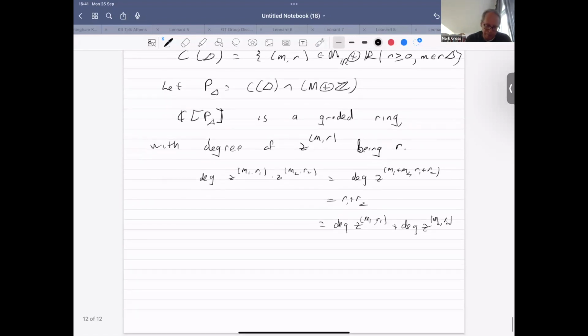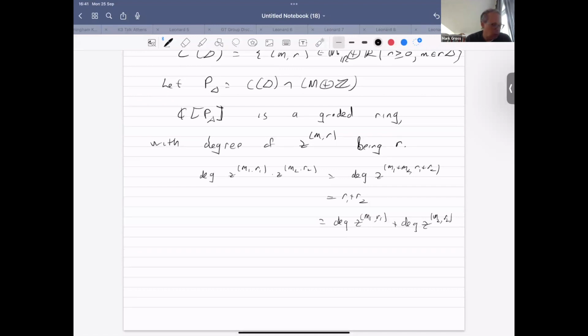So this is, again, an algebraic geometric construction. This time, I'll do an example in a second. Proj of C[P delta] is the projective variety with homogeneous coordinate ring C[P delta].